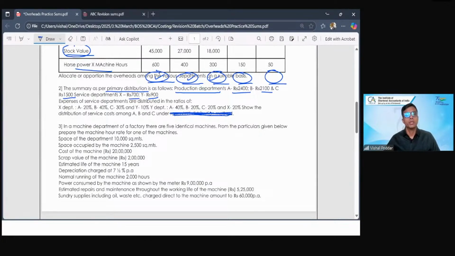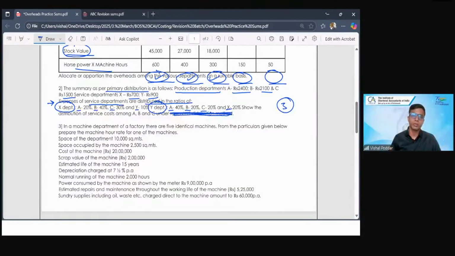Now, what is important is they are giving you the details for secondary, which starts from here. So expenses of service departments are distributed in this ratio. Now here they are saying X department has to be distributed to A, B, C and to Y. Similarly, Y department has to be distributed to A, B, C and also to X. Now the moment they give ratio for one another, we will come to know that this question is of third scenario.